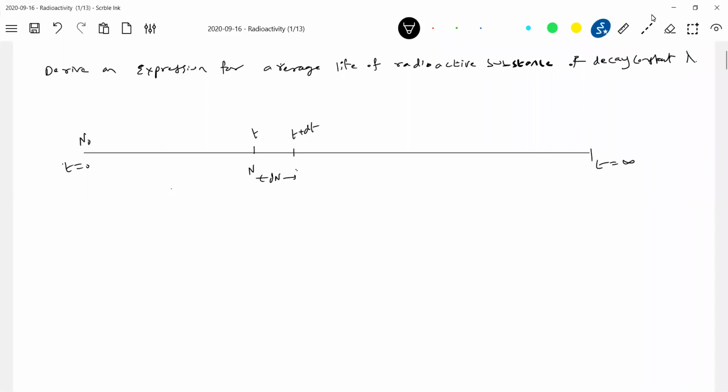At any time t, let the number be N. And in an interval of time dt, let dN undergo disintegration. So therefore, we'll put it like this: number of particles disintegrated in time dt.